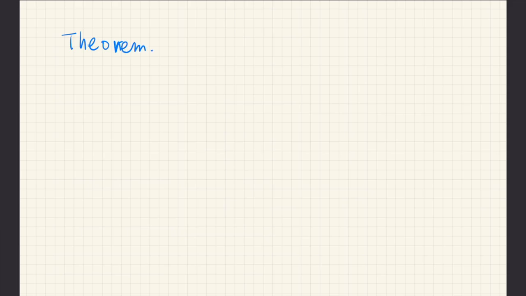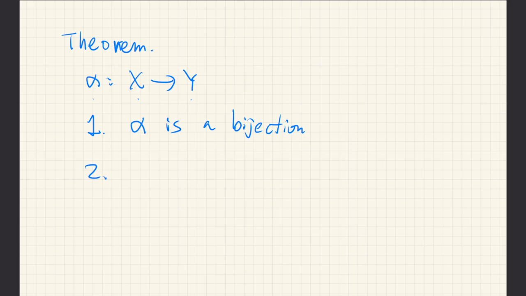Theorem. Let alpha be a map from X to Y. So X is a set, Y is a set, and alpha is a map. Then the following two propositions are equivalent. Okay, 1. Alpha is a bijection. And 2.